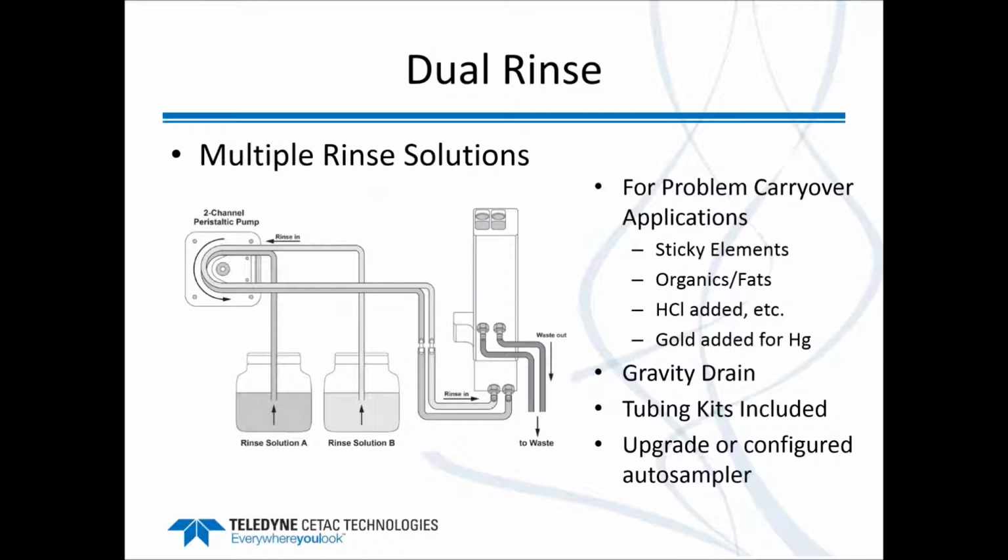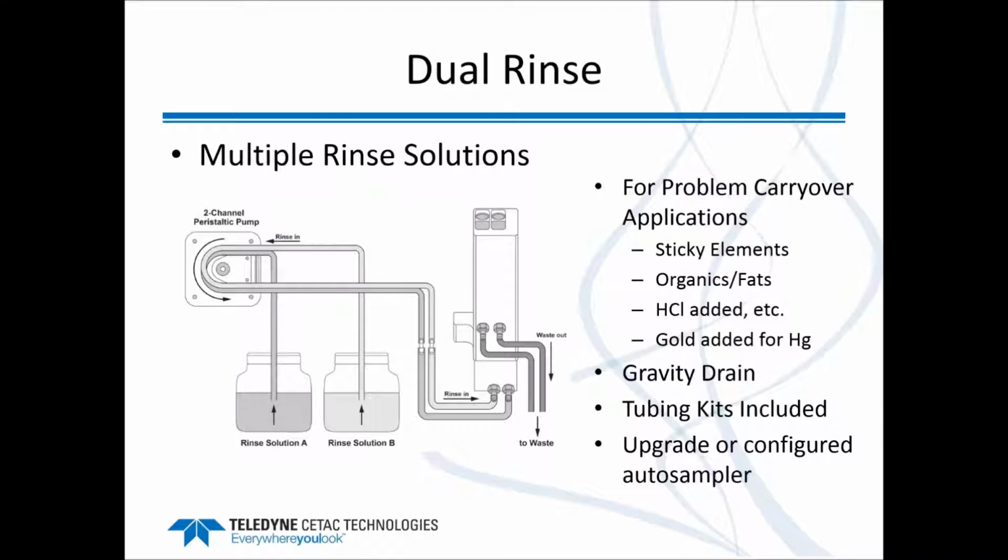One is to have two different rinse solutions going to rinse stations 1 and 2. This would be gravity drained out to a waste container from each. It's best for applications where you could, for example, put a little bit of organic material into one of the rinse stations to get rid of fats and other contaminants from that type of matrix, or have a little bit of HCl to get the carryover down that way.